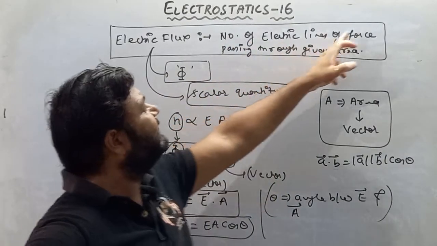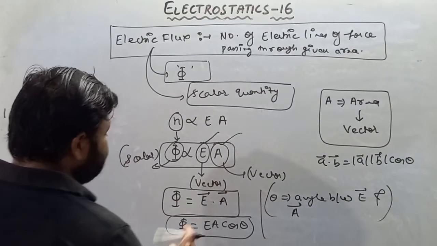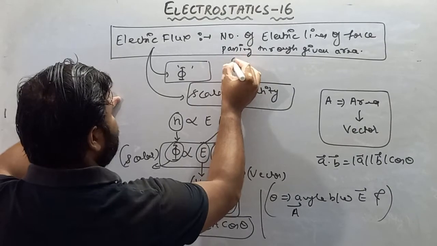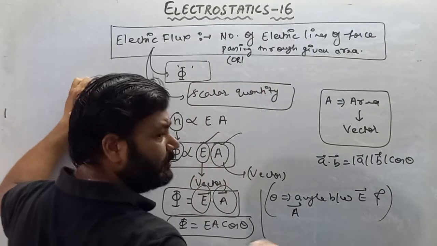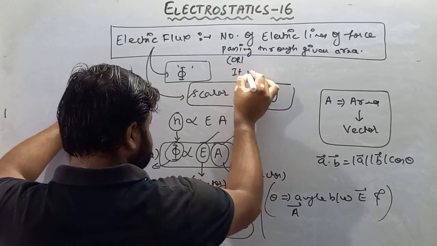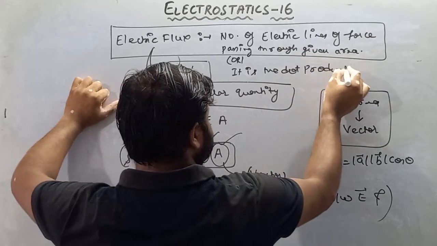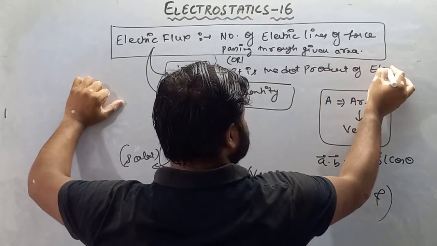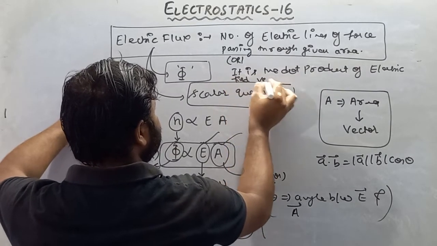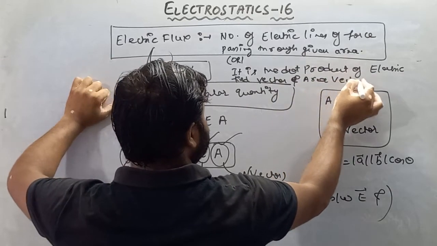So we'll get a new definition of electric flux. Instead of the number of electric lines of force passing through a given area, you can also write it is the dot product of electric field vector and area vector. So I'll write one more definition of flux: it is the dot product of electric field vector and area vector.